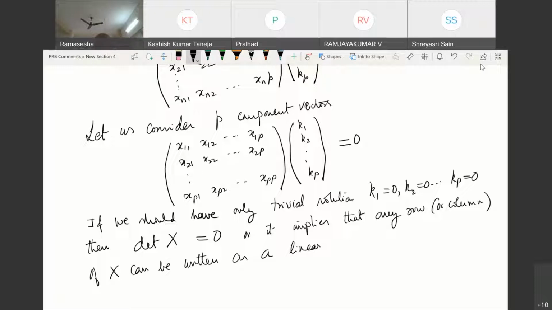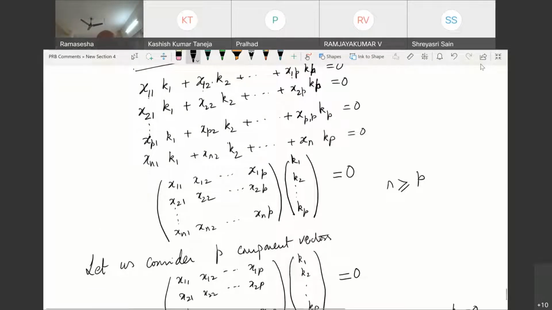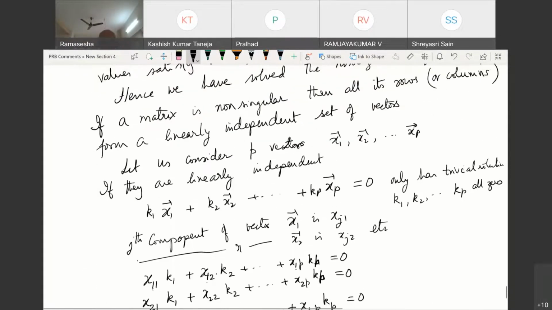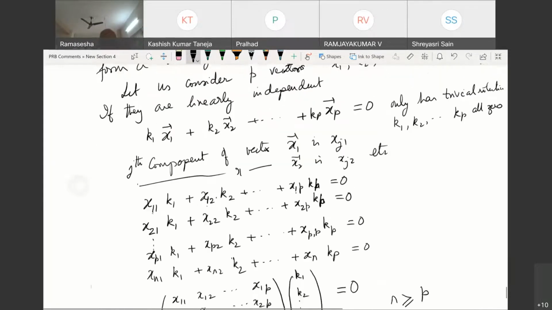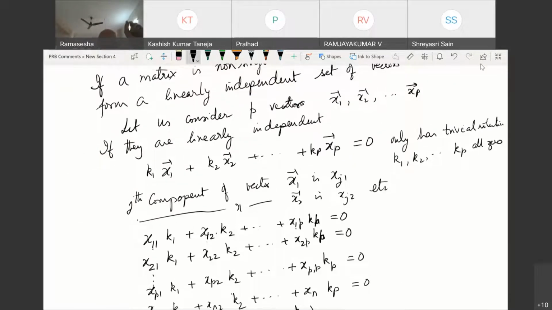Is that understood? So you see, if k1, k2, kp are all 0, then this determinant is non-zero. Okay. So if this determinant here is non-zero, it means that the row vectors that I'm looking at, which are x1, x2, xp, all these row vectors which are actually rows of the determinant, are all non-zero, right?